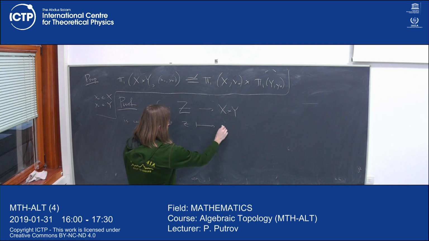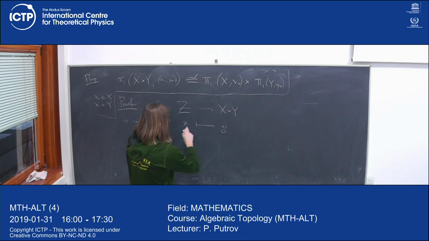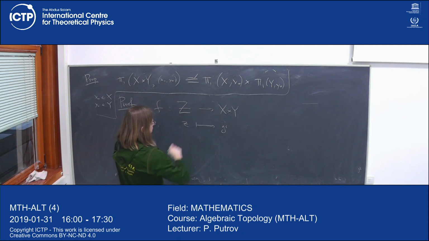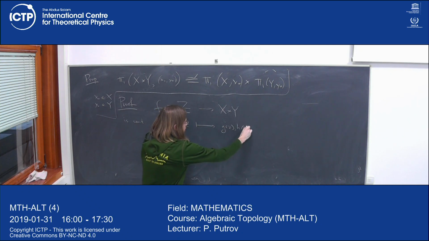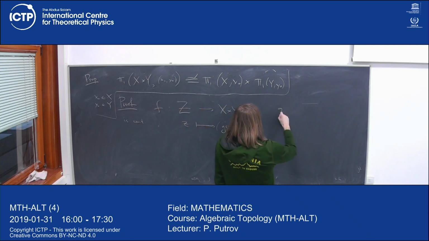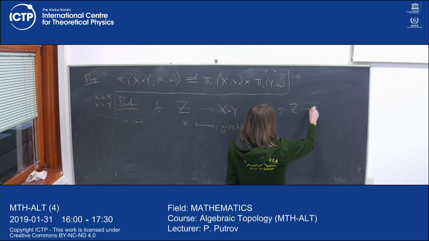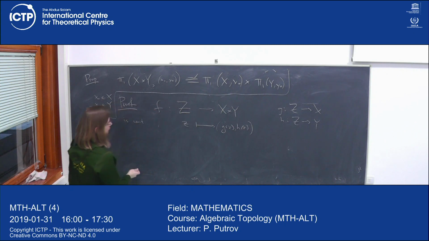Since the points here are pairs of points in X and Y, any function like this defines a pair of functions g and h, such that g is a function from Z to X and h is a function from Z to Y.